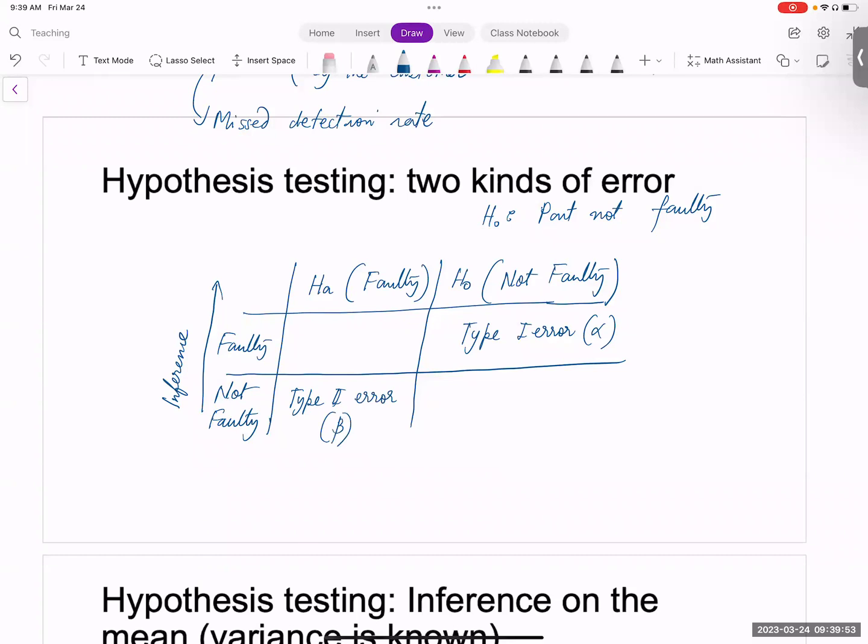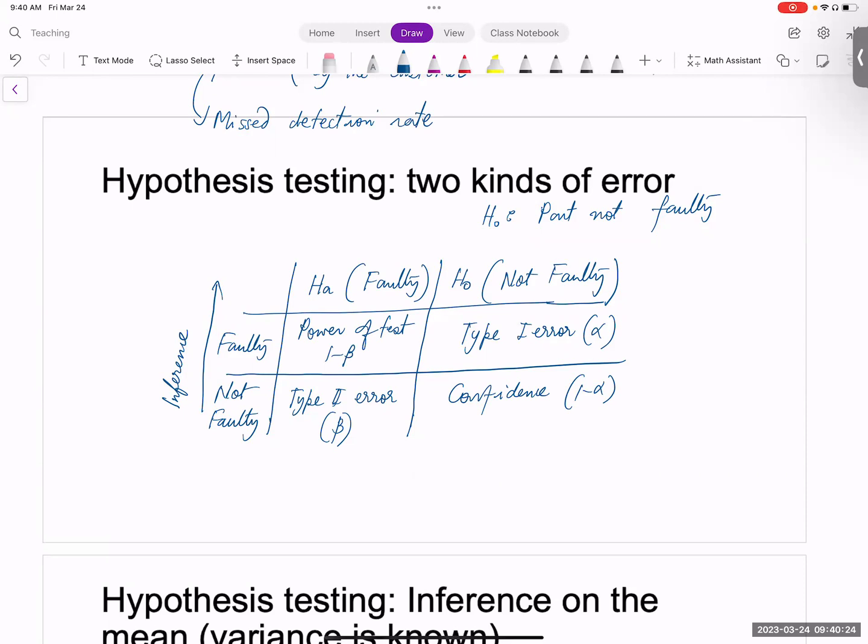or beta. Now there are two more boxes. If the part is indeed not faulty, and your inference is also not faulty, then that's called confidence, and this is 1 minus alpha. On the other hand, if the part is really faulty, and you are also able to infer that the part is faulty, that's called power of test, which is 1 minus beta.